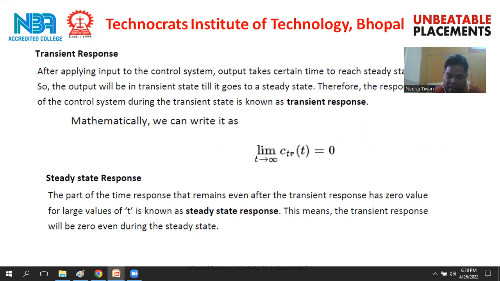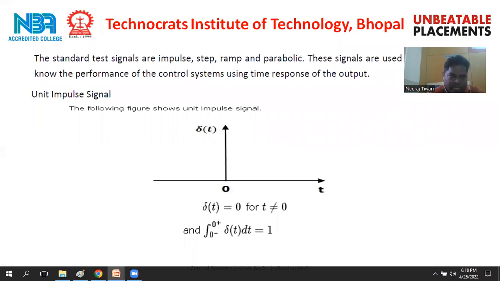So the time response curve should include both signals for the output: first the transient response and second the steady state response.